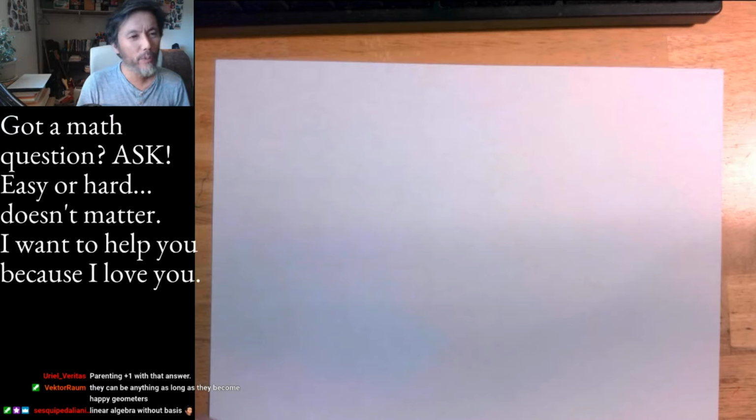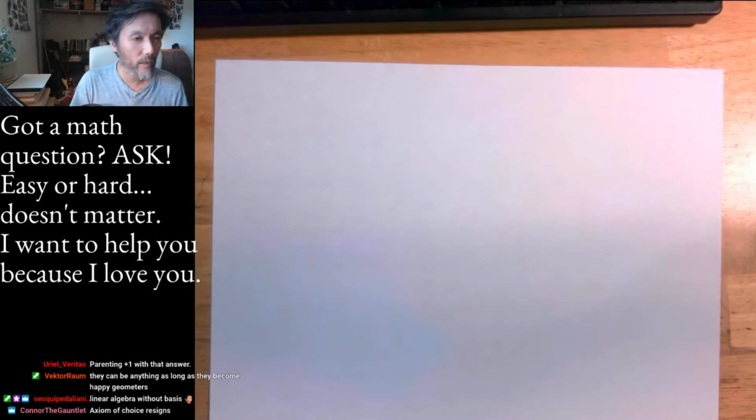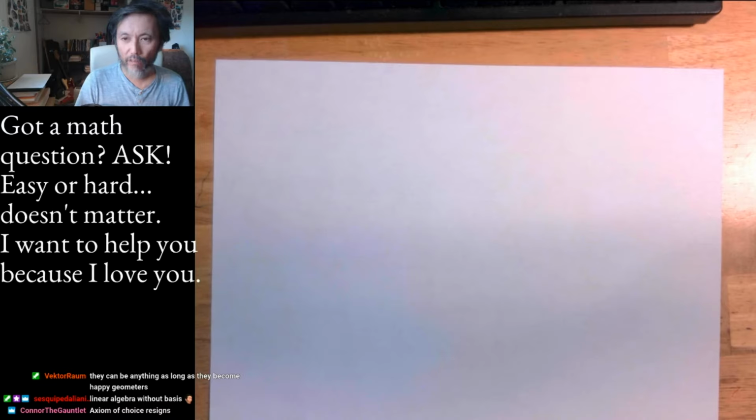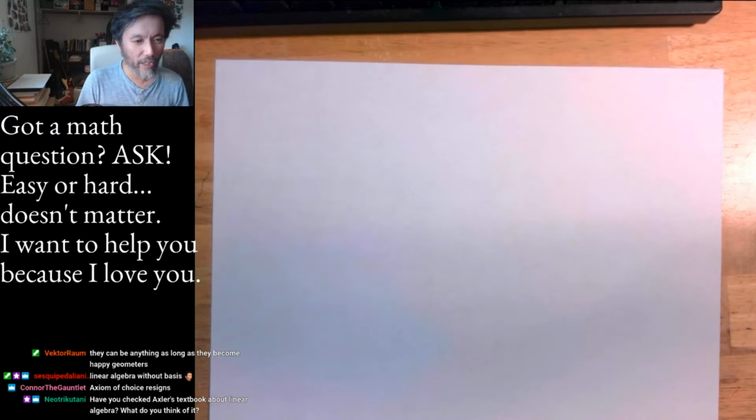You don't want to do it. You really do want the matrix there because it makes things way more conceptually accessible. Okay, so there is a reason. Save your ink.